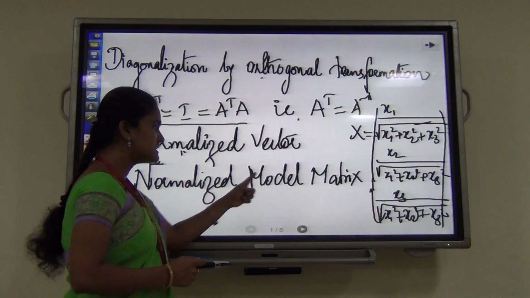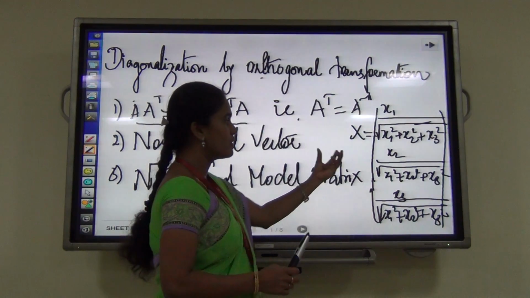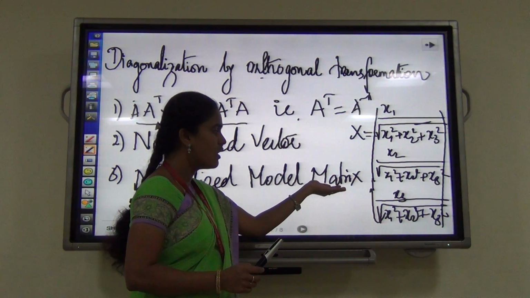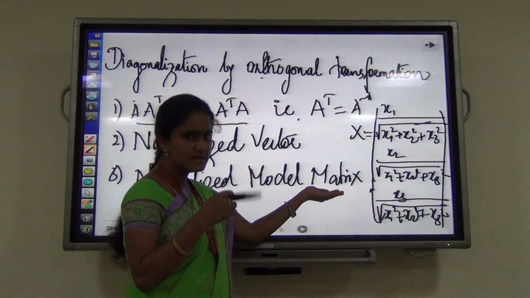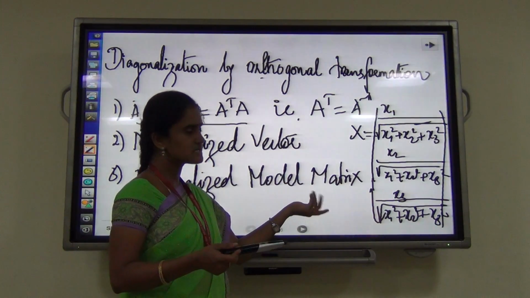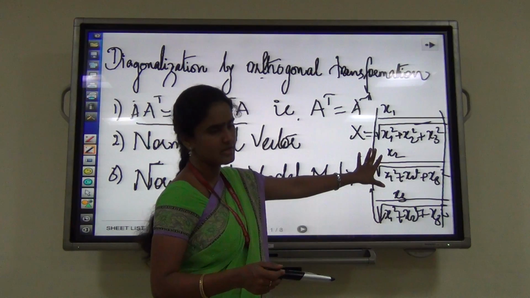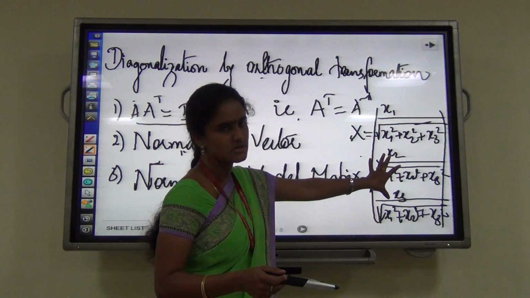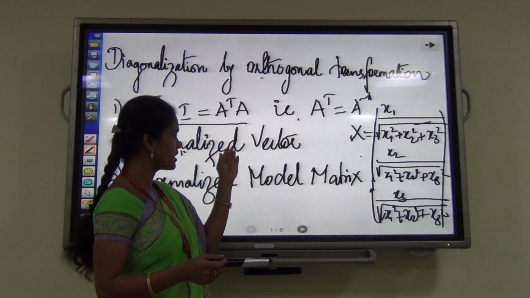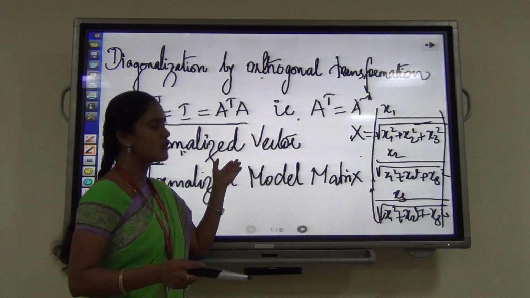What is a normalized model matrix? We are going to get a matrix where all the columns are normalized vectors. If this is x1, this would be the first column, and similarly we get the second eigenvector and its corresponding normalized vector, and similarly the third eigenvector and its normalized vector.